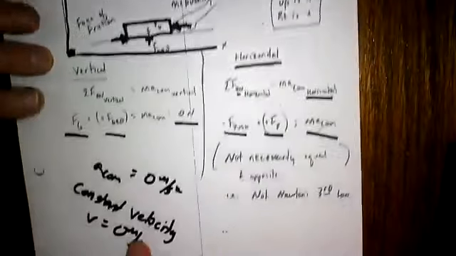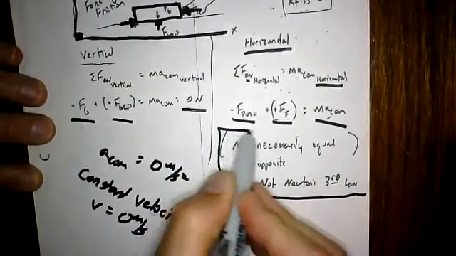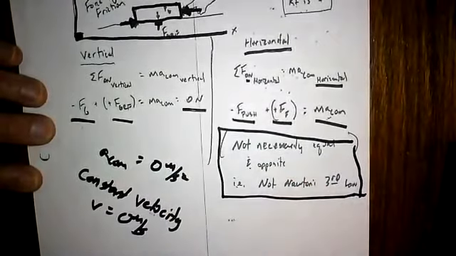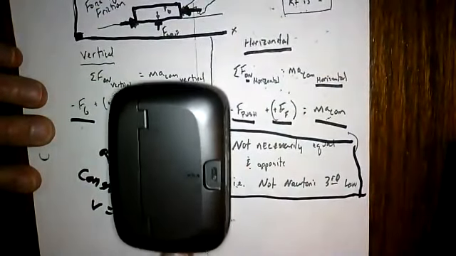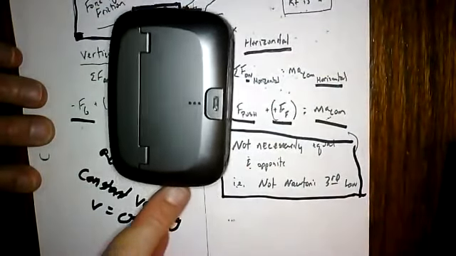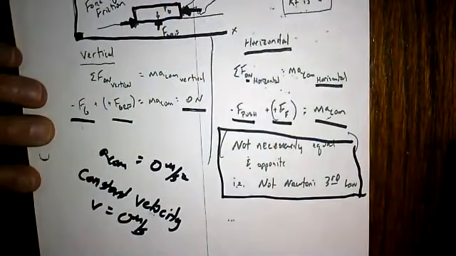Okay, so now what's really important is that these two forces do not need to be equal and opposite. They do not, okay? If I'm pushing on the box here, the force of friction does not need to be equal and opposite to the force that I'm pushing.